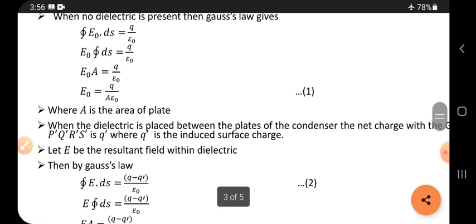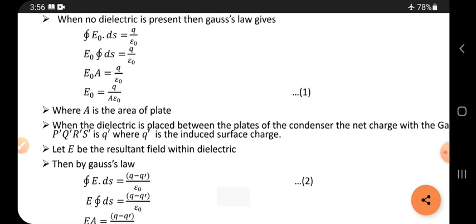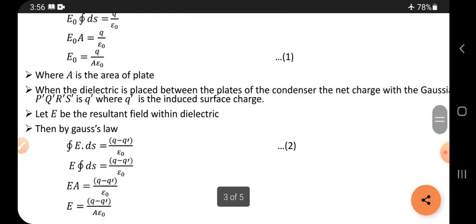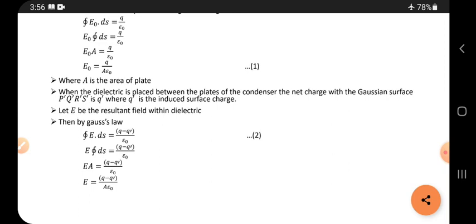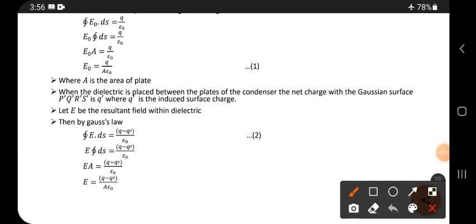Friends, this is equation 1, where A is the area of the plate.